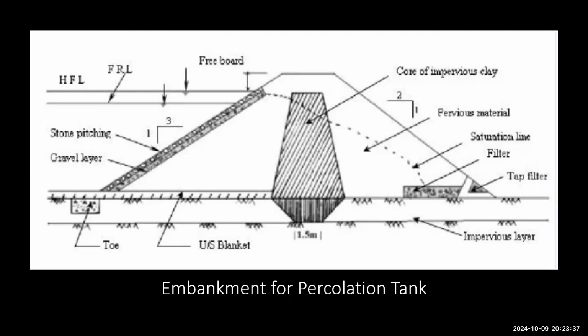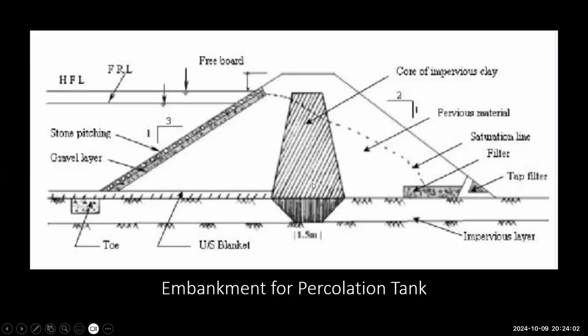This is a trapezoidal core, constructed with impervious clay. Impervious clay means what? It has less permeability. So this soil is used at the center. This is the central core.